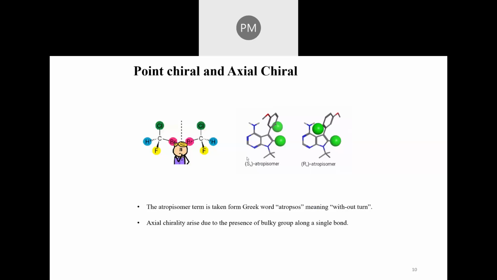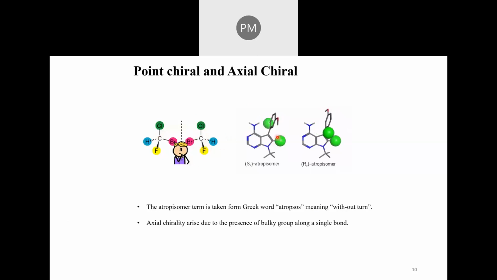So I told you about point chirality above. Point chirality means that at a point there are four different substituents on a carbon atom. For point chirality, the molecule is chiral when it gives a non-superimposable mirror image, like our left hand and right hand.